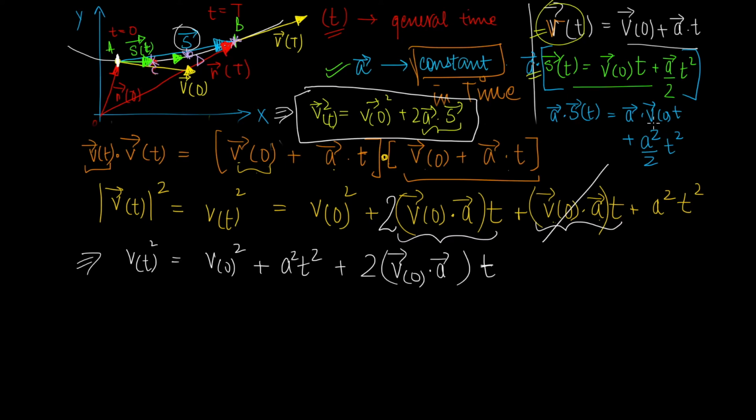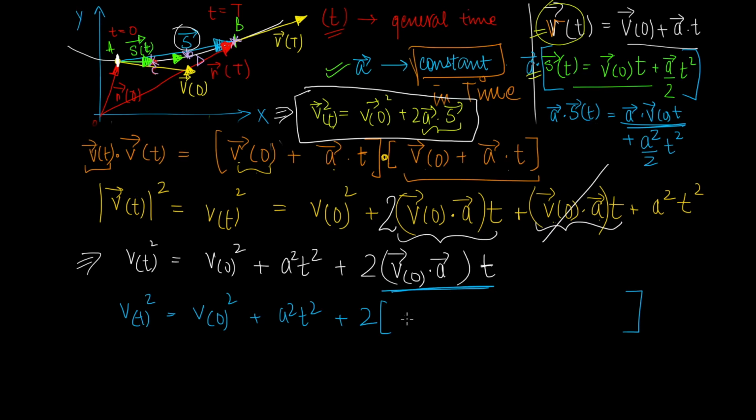Well, we see we have the same term here as we do here. So let us try to substitute this term in terms of s and t. We get v of t square, again this is the scalar term, v of 0 square plus a square t square plus 2, and what comes in the bracket is the following: the value of a dot v of 0 times t, or v dot a multiplied by time t.